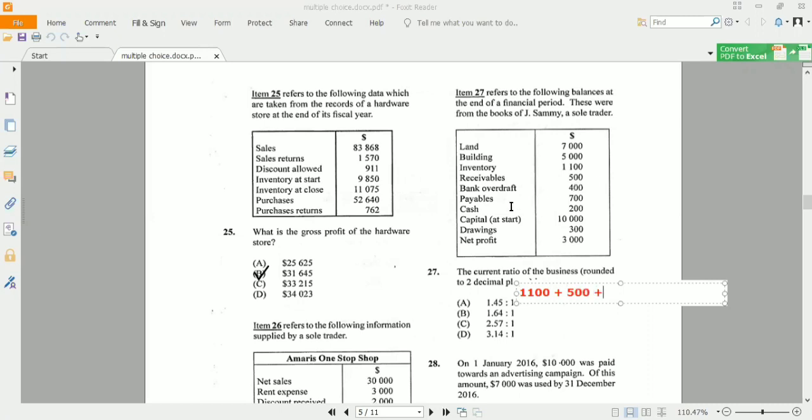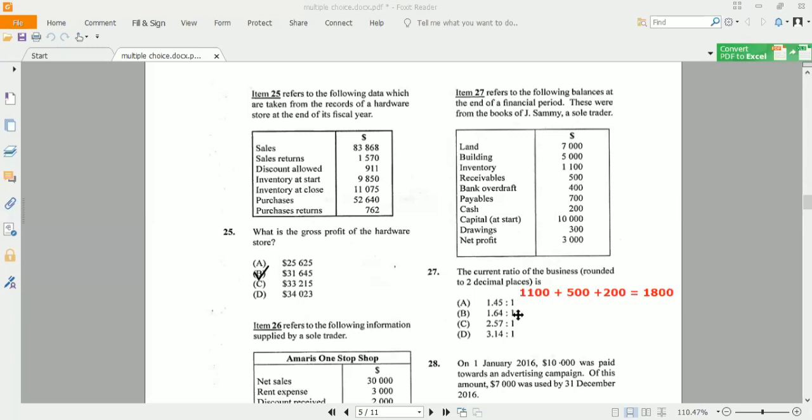We're going to add cash of 200. And to that, no, I'm not seeing any more. So our total current asset is equal to 1,800. Good, 1,800. Lovely.